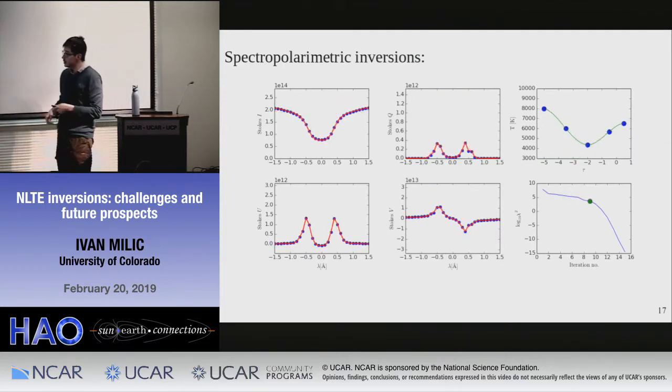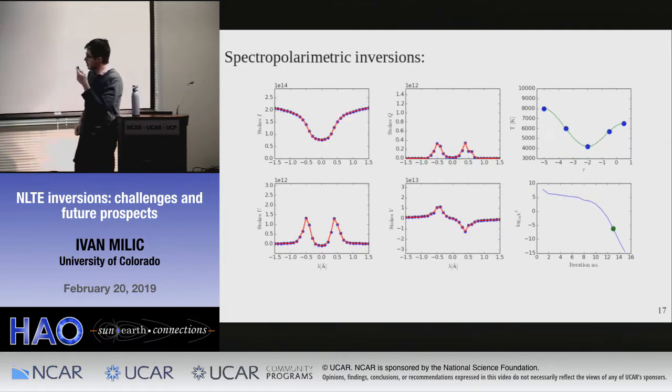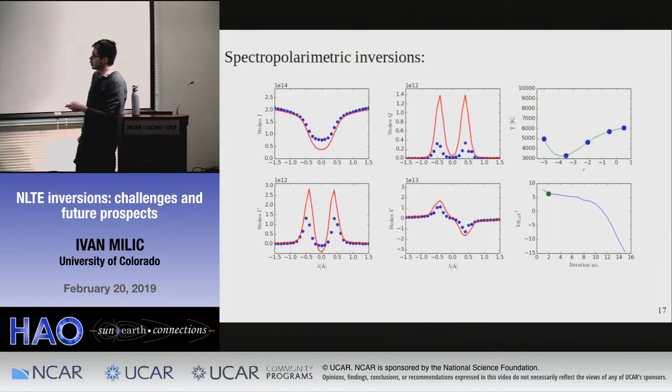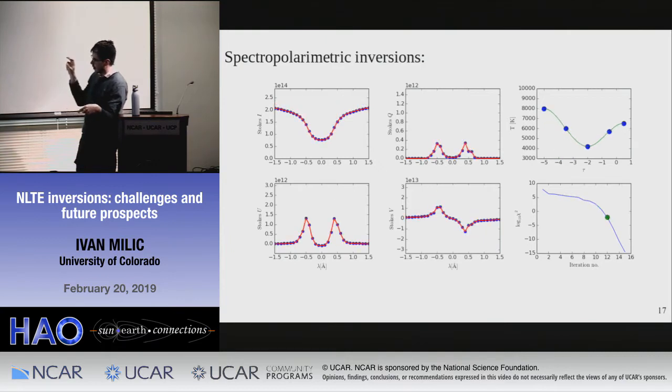So this is a very simple toy model of some non-LTE line, doesn't matter much. And here in these 4 panels, you can see I, Q, U, V, and you can see how the red line, which is our guess model, is adjusting and trying to find a good fit, and the blue lines are the synthetic observations, let's say. Here you see how our merit function, which is in this case chi-square, is slowly going down through a number of iterations.